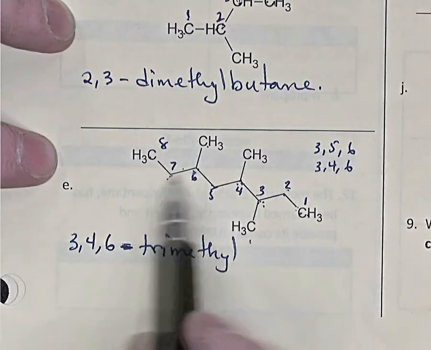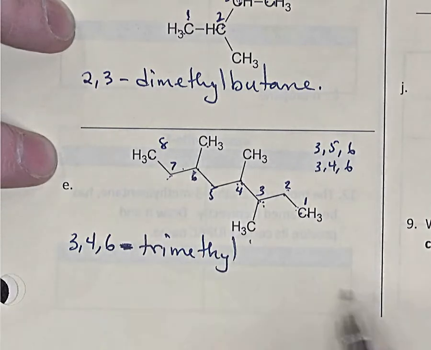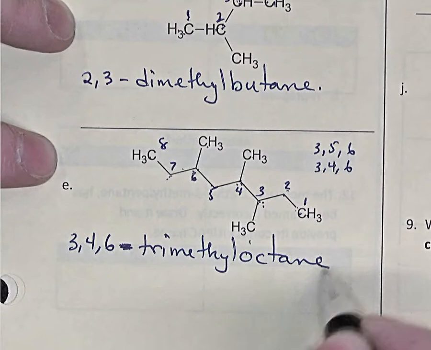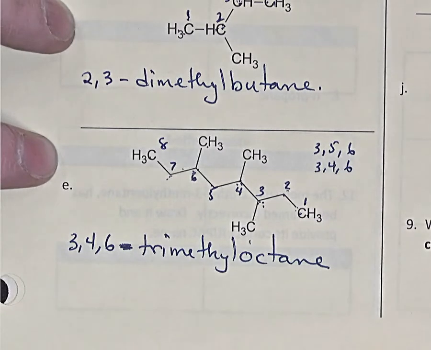And then 8 carbons in the parent chain. 8, the prefix is octa, so octane is the parent root name for the alkane. So 3, 4, 6, trimethyl octane.